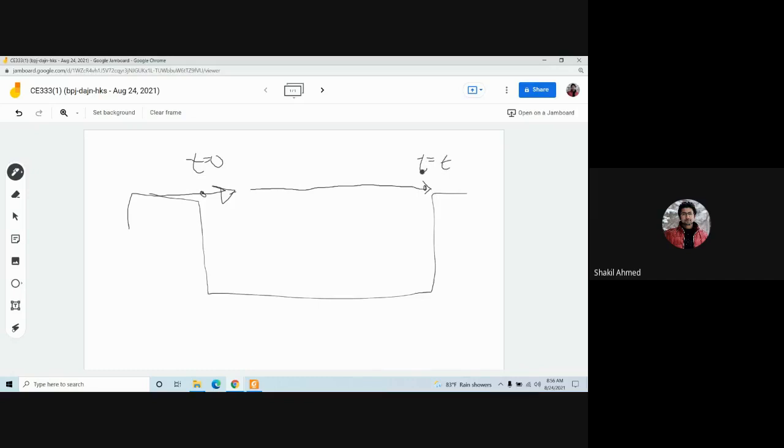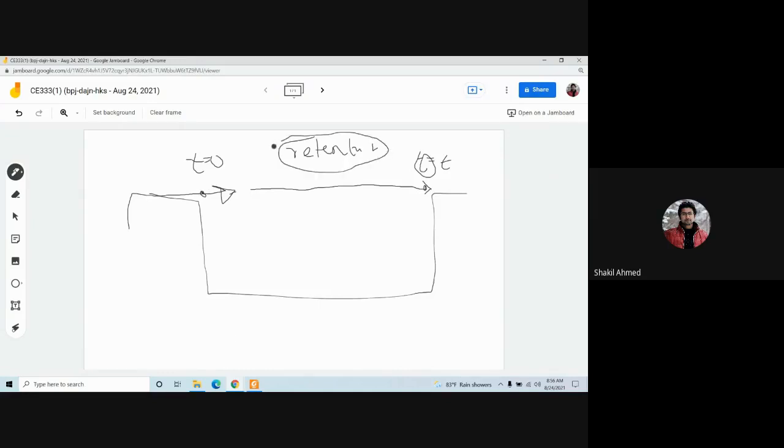So the retention time here is t. That means how much time the water particle remains in the pond.